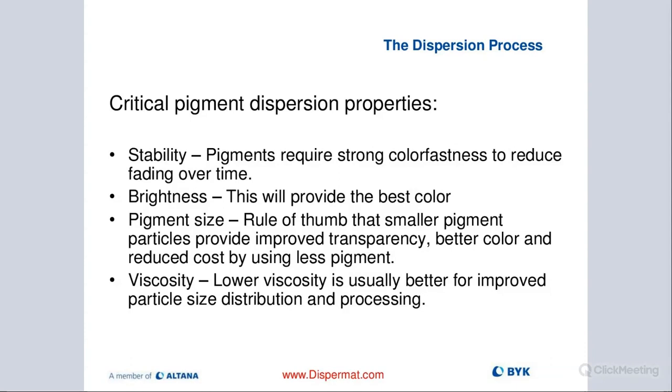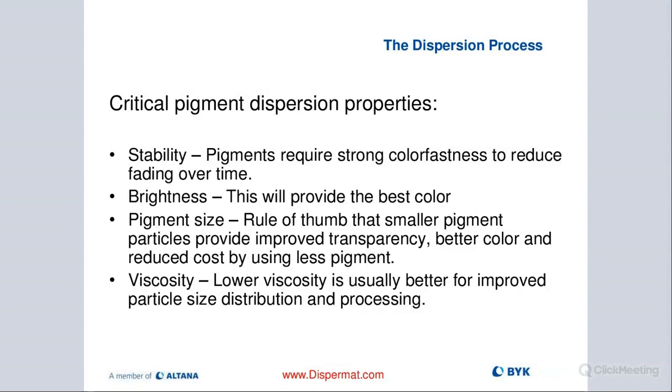And of course, the smaller we can bring down our particle size, the better color we have, the better will be our transparency. And that, as I mentioned earlier, cost is a big driver because it then allows us to use less of the very expensive pigments in our formula if we do a good job reducing the particle size.